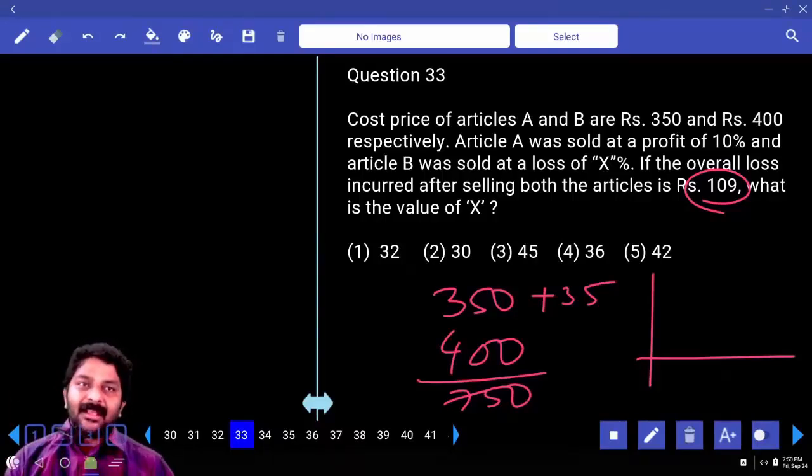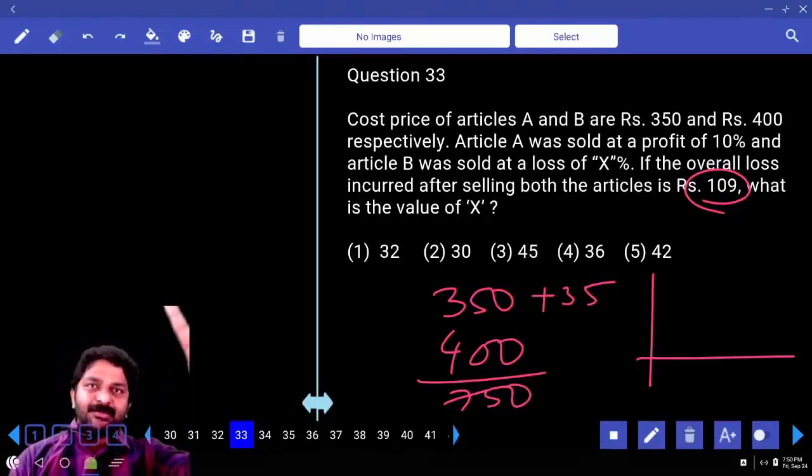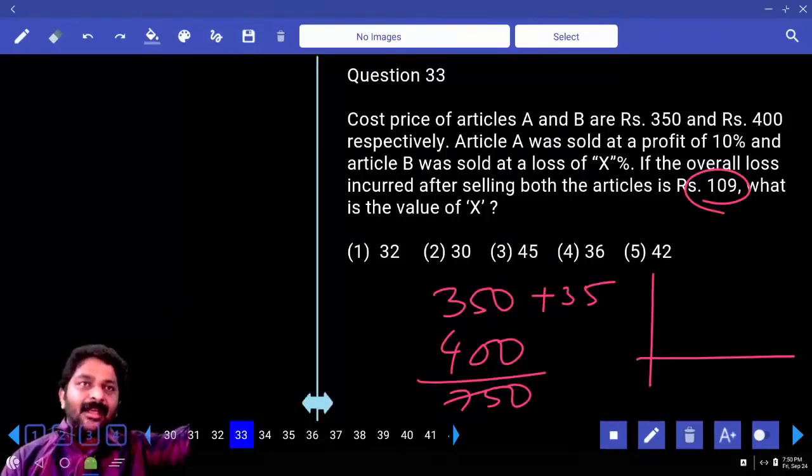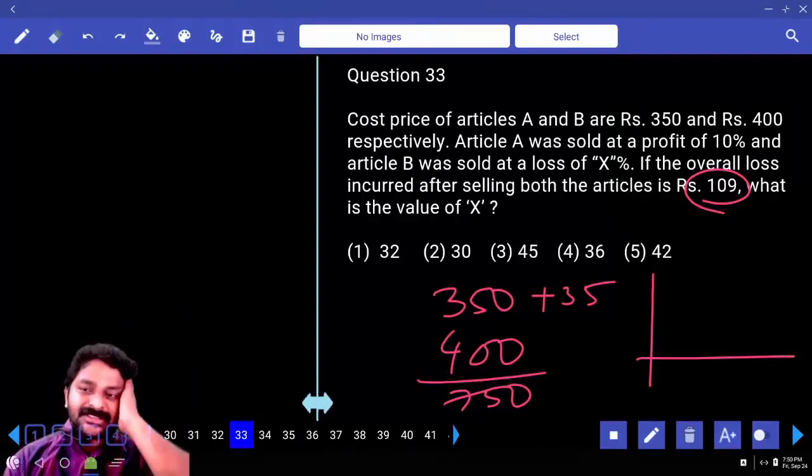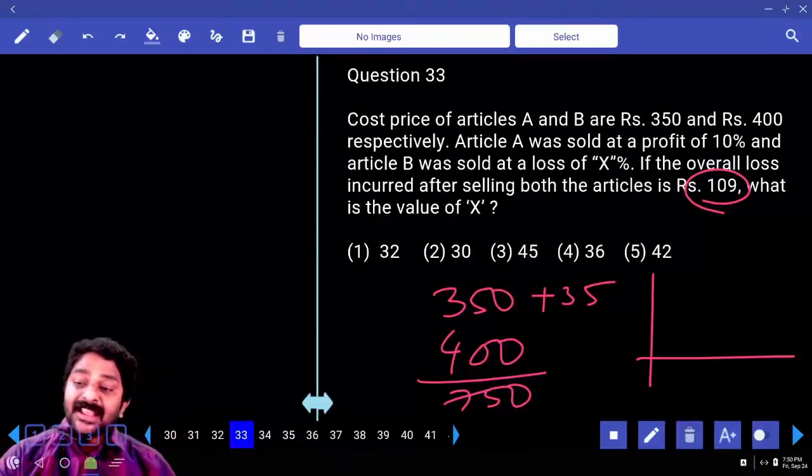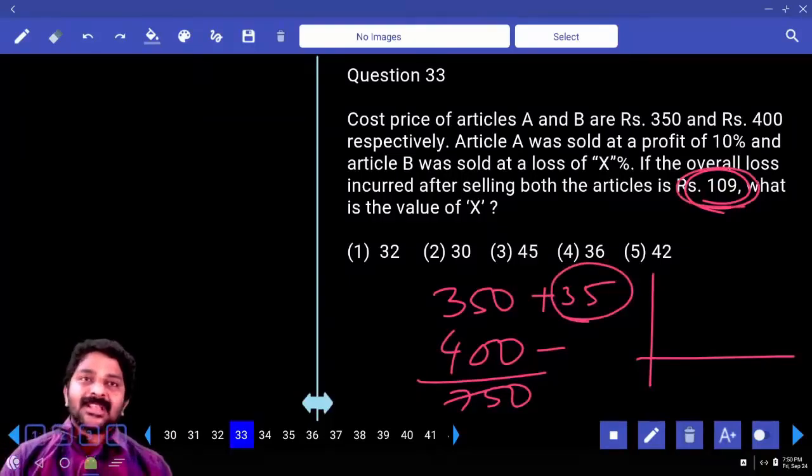Otherwise, wait a minute, let me tell you. Finally, what is made? Loss is made on 2 items together. How much is the loss mentioned? 109. What is profit made on first item? 35 rupees. Am I right? So on second item, there is a loss which is equal to profit on first item and overall loss both together.